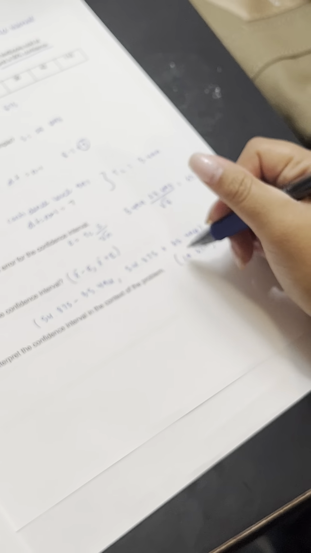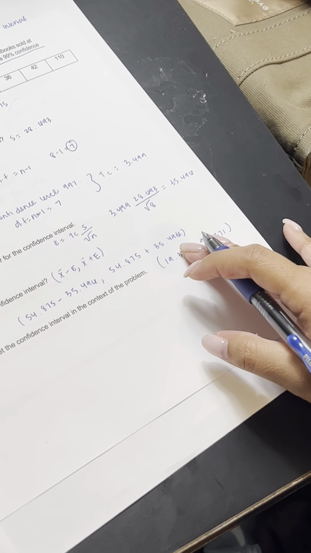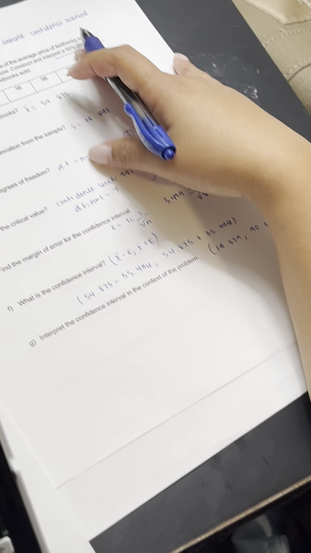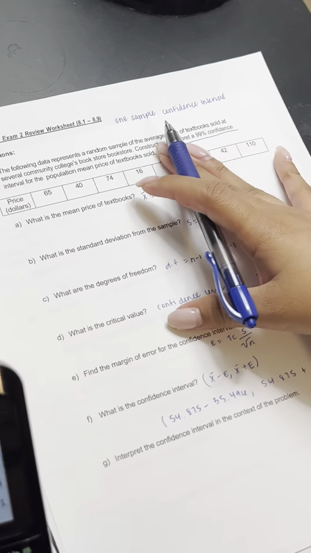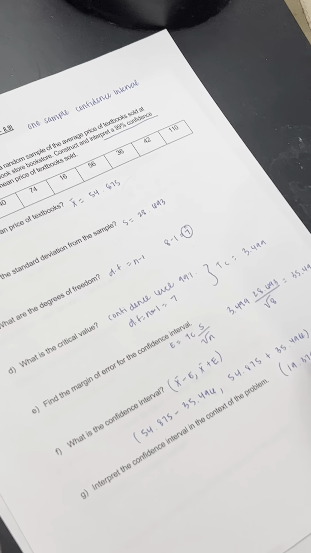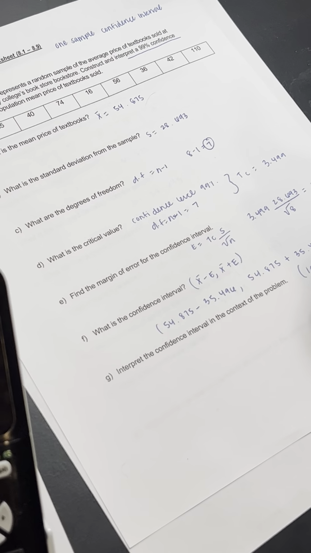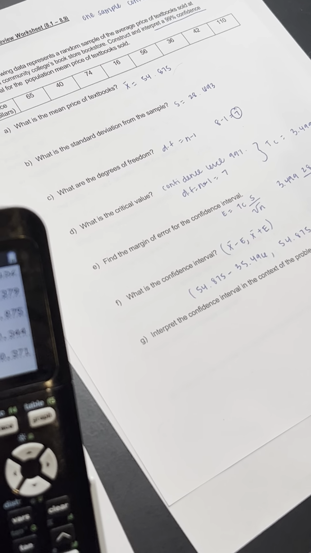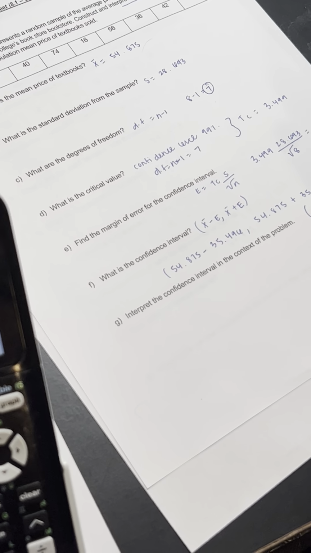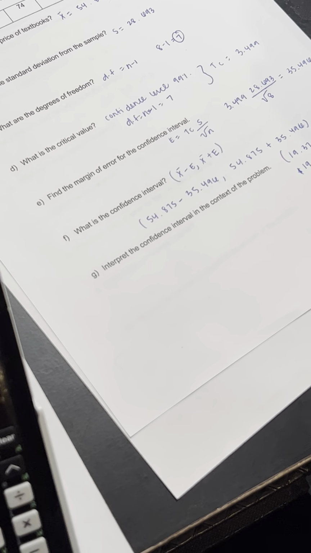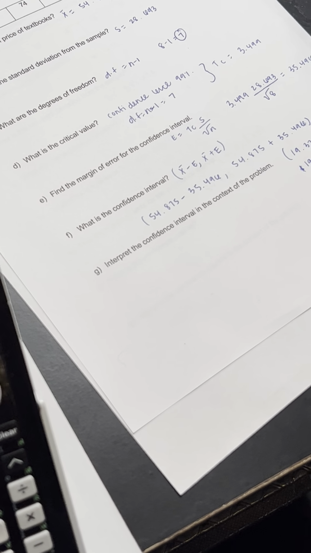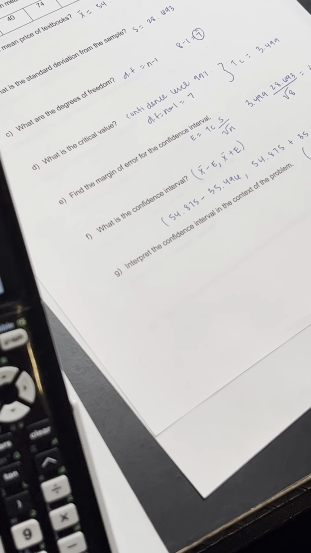All right. And since we're talking about money here in terms of textbooks, we are going to round this to $19.38 and $90.37.